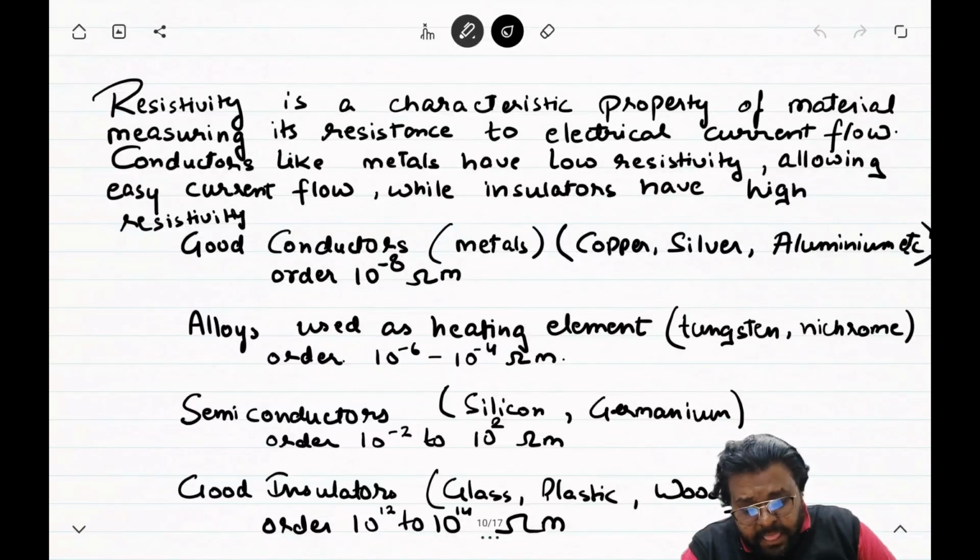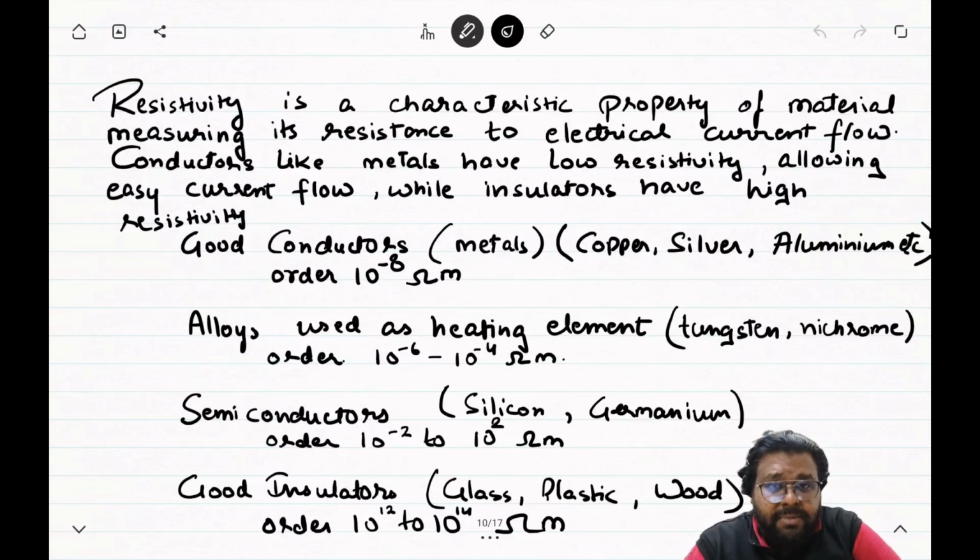Now second, alloys are generally used in filaments of bulbs. So alloy is used as a heating element, like tungsten, nichrome, and they have the order of 10 to the power minus 6 to 10 to the power minus 4 ohm meter. Now there are semiconductors, which at a particular point act as an insulator.